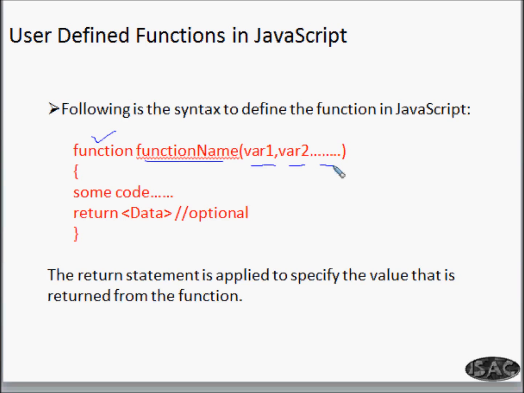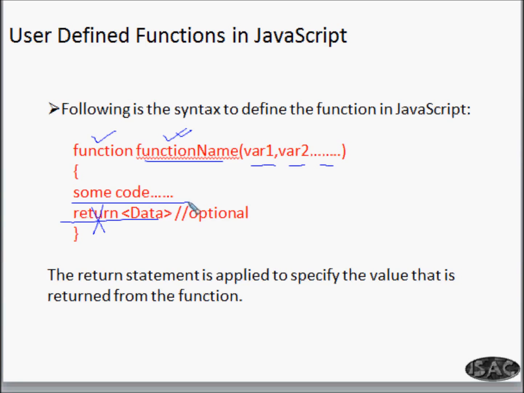Just say var1, var2 or a, b, c. If you have return, then this function has a return type. If you don't have return, then this function will not return anything, right? So it is optional. It depends on the function type which you have defined there. The return statement is used to specify the value that is returned from the function. Clear?